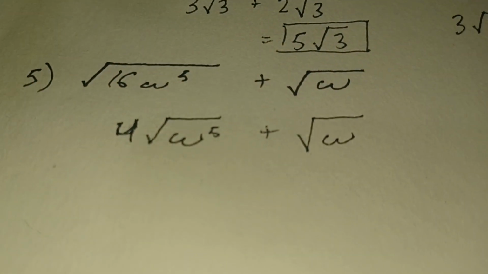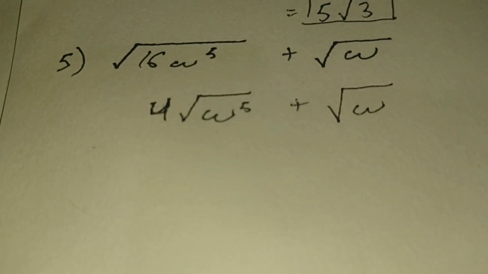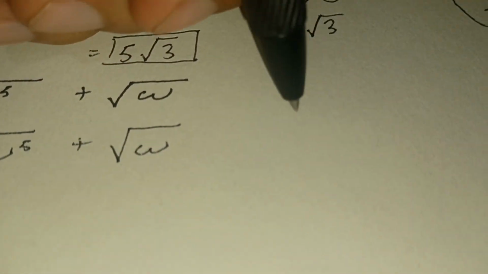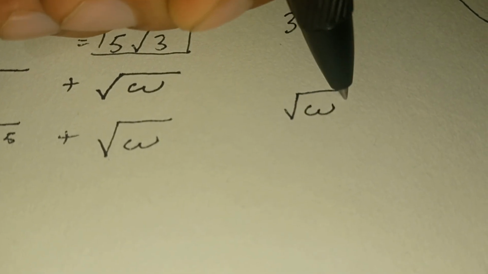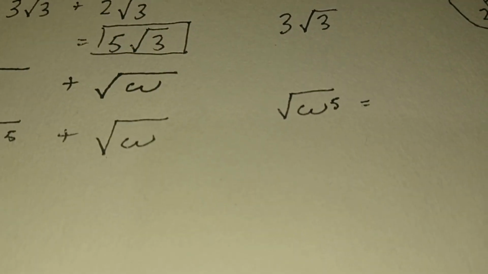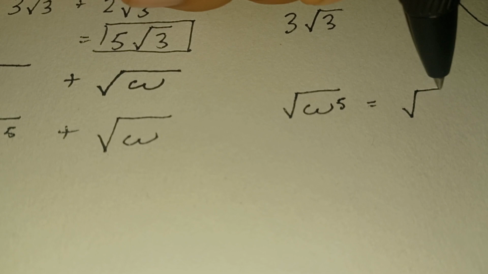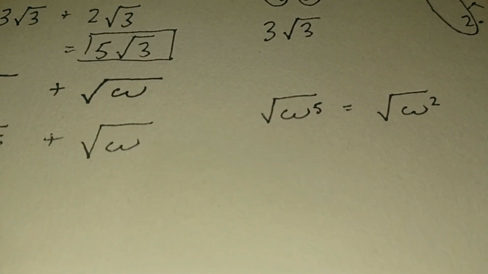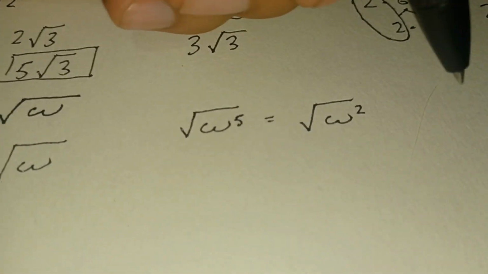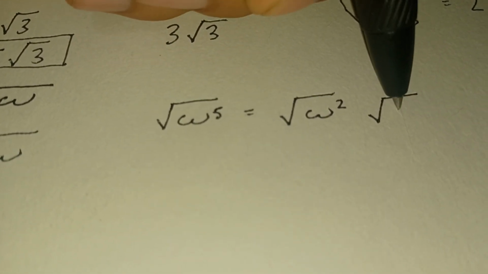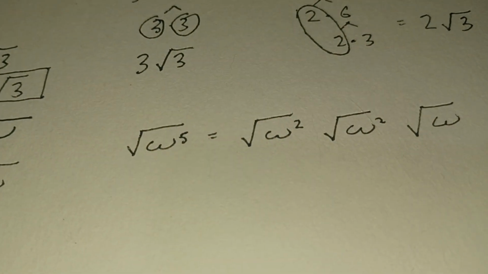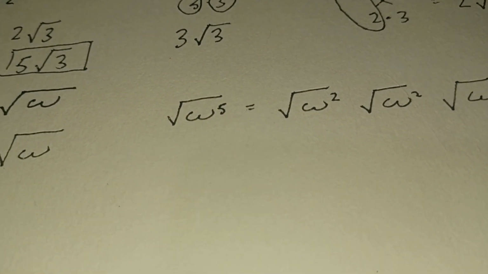Obviously, we have the w here. Let us rewrite the w to the 5th. So this square root of w to the 5th is equal to, remember, when you multiply exponents, you add them. So the square root of w squared times the square root of w squared times the square root of w.